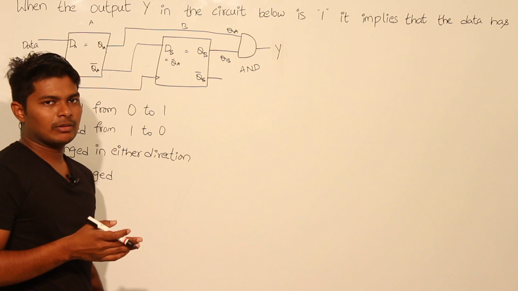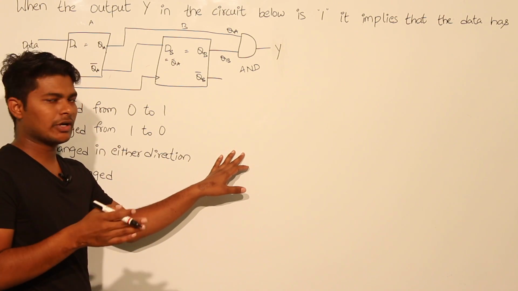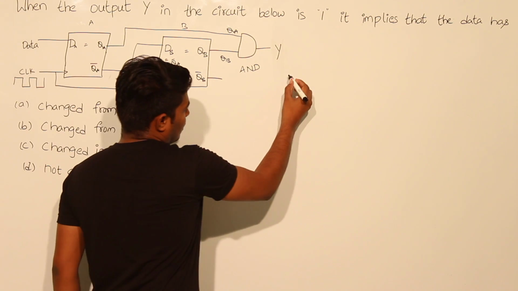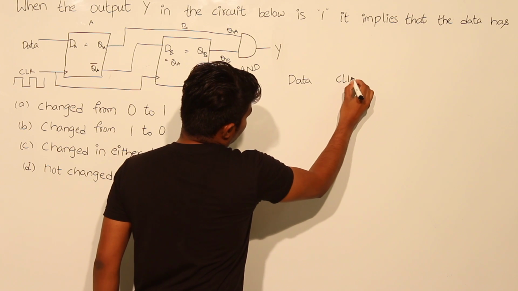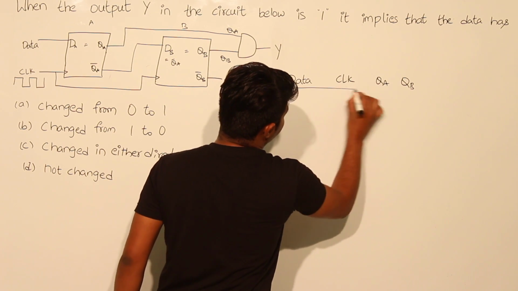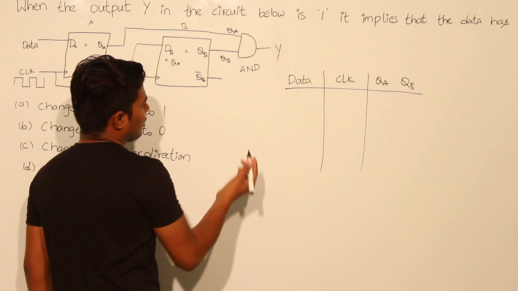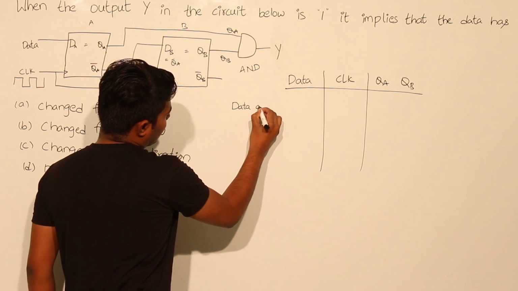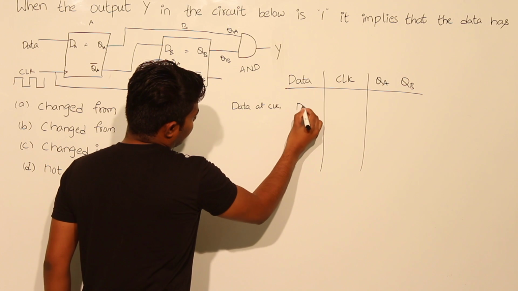So we will write a tabular column consisting of the data, clock applied and the values of QA, QB. So finally we will get the equation for Y. So this is the data and clock pulse applied and the values of QA, QB. Now don't worry about the data. Whenever the data D is applied at clock 1, the first clock pulse, let it be D1.